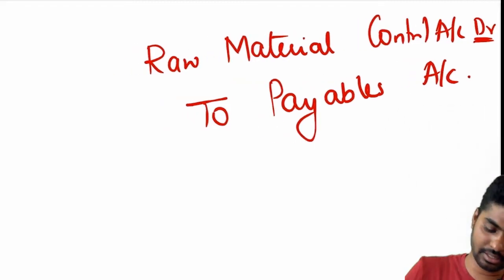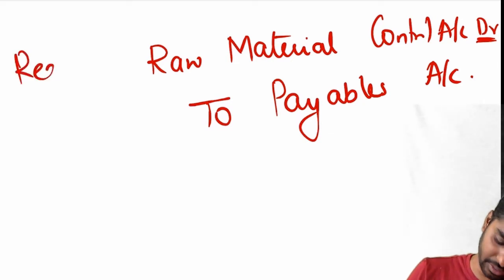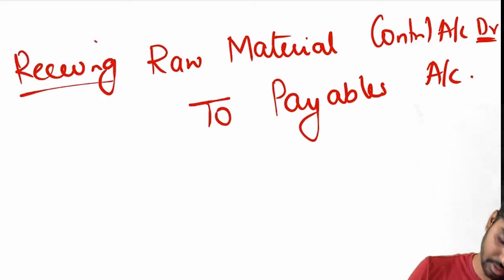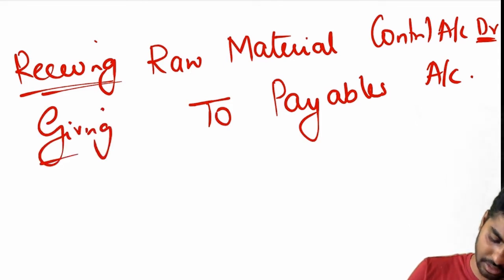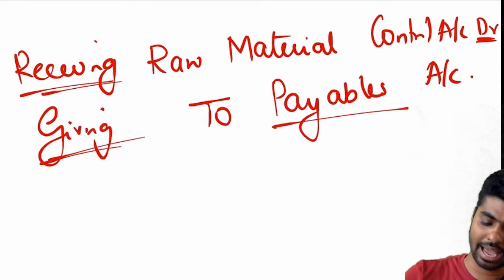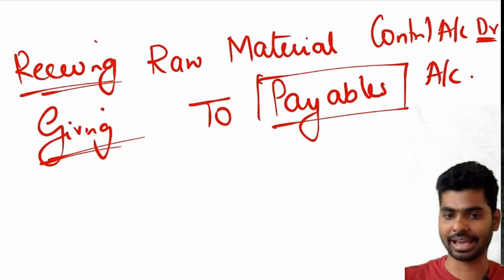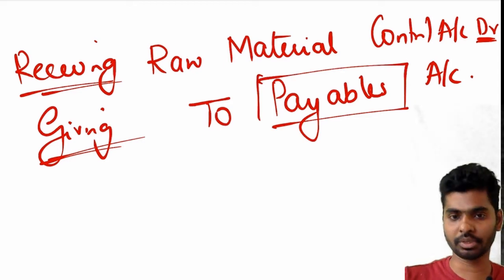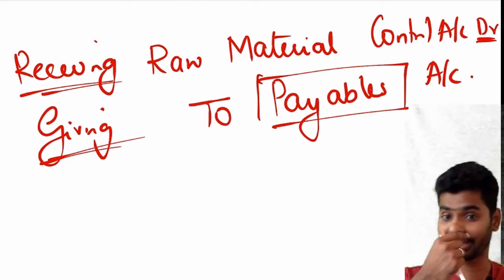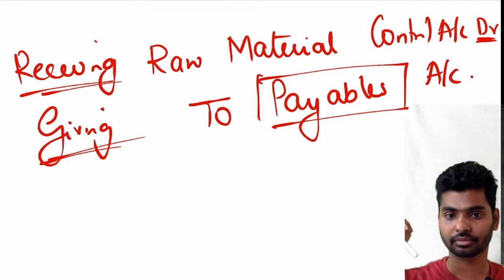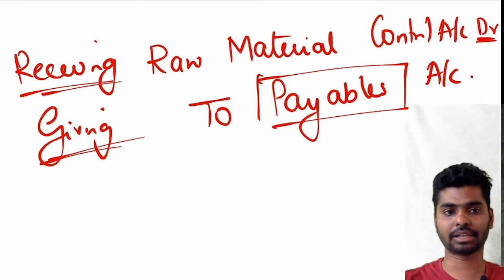This is the receiving, we call it debit, and this is the giving. Either I'm losing cash, or since I'm not paying cash right now, I call it payables. Is this fine? Aditya, if you have confirmed, I'll go to the next one.